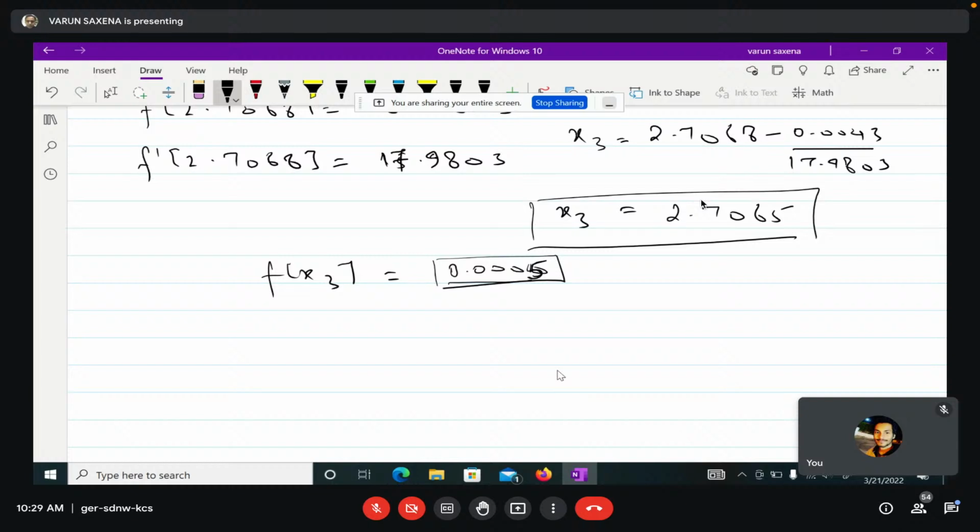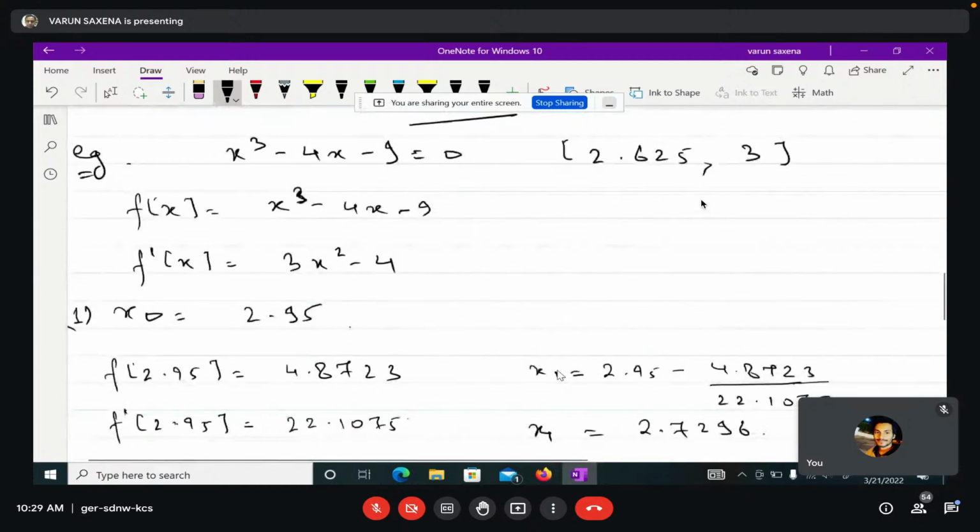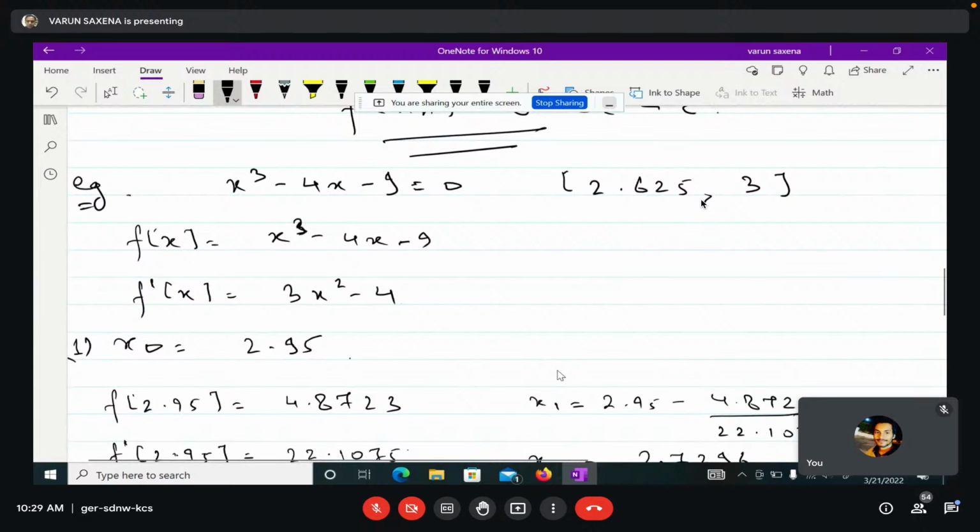The only thing was that you knew the interval here. If you didn't know the interval, then what we'll do is, for the examples that we do in the class, we'll do them on Excel and MATLAB, and you can play around there with the initial conditions and see how many iterations it takes. In this problem I chose the initial condition 2.95, which is somewhere in between.